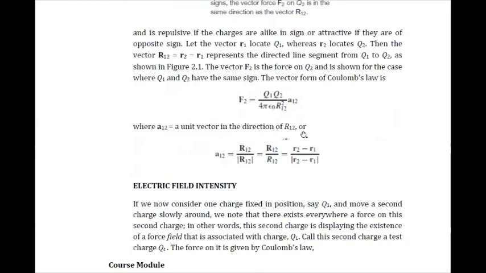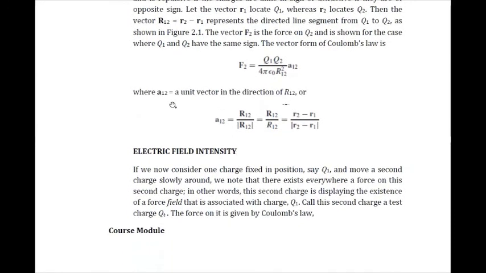Then ang magiging equation ng A12 natin, ito, yung unit vector, that will be R12 over the absolute value of R12, equals also to R2 minus R1 over the absolute value of R2 minus R1. Okay?